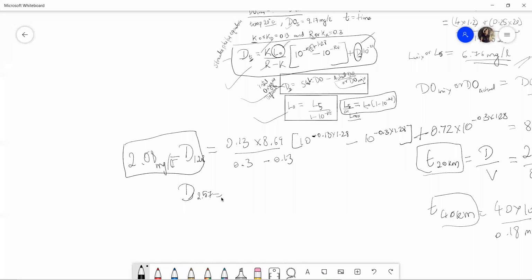Please tell me the answer. Yes, it is 20.7 mg per liter.